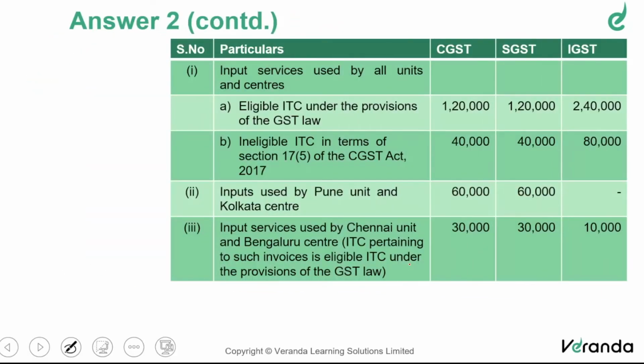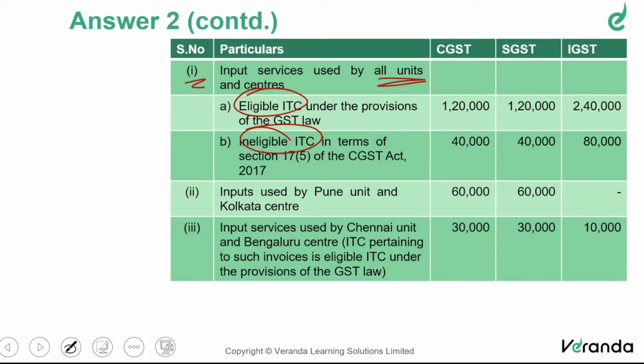Whereas here in this next table, the common ITC is given. When I say common ITC here, it means ITC attributable to more than one unit. In point number 1, ITC attributable to all the 4 branches, all the 4 units is given: eligible ITC, ineligible ITC, blocked ITC.